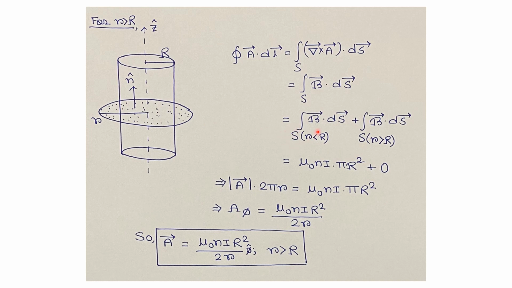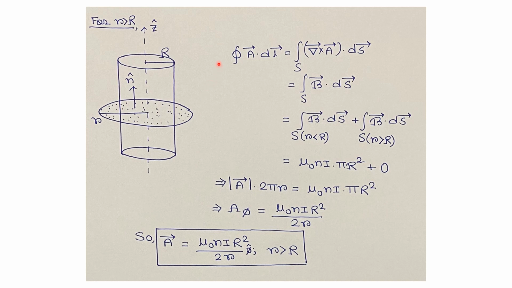For inside, the B vector is constant, that is mu naught N i, and the surface area will be pi capital R square. So this first part will be mu naught N i pi capital R square. But for the second part, the B vector is 0, because outside the solenoid the magnetic field is 0. So eventually this second integral will give us 0.